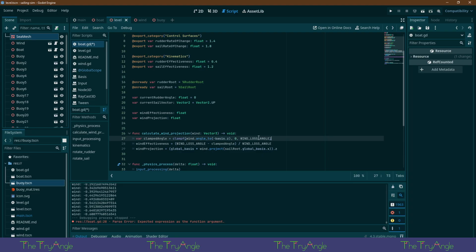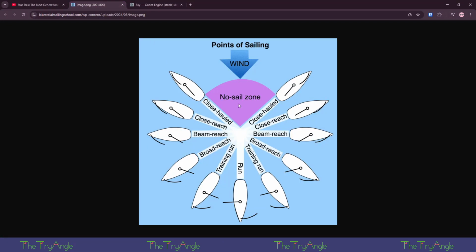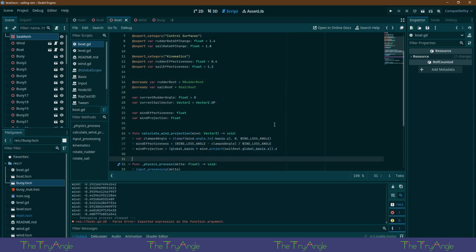And if we face the wind, the boat's just like, we're just not going to get progress. Because that's what they said on the internet, okay? And I think this will be good. Oh, it clamps it, but does it lerp?